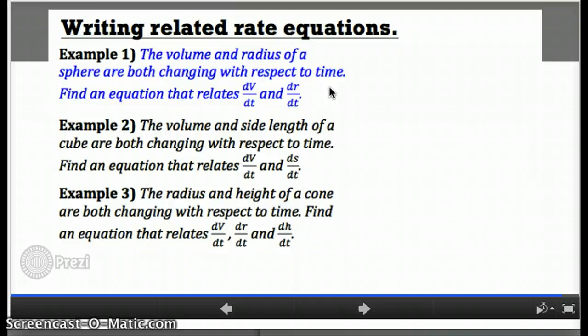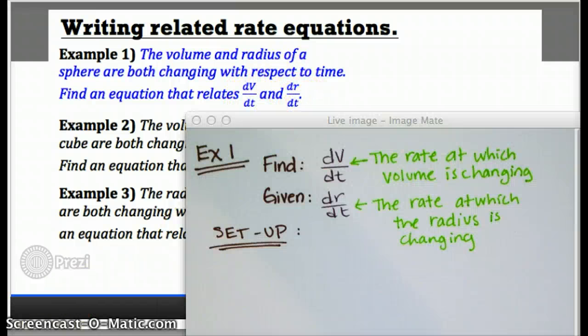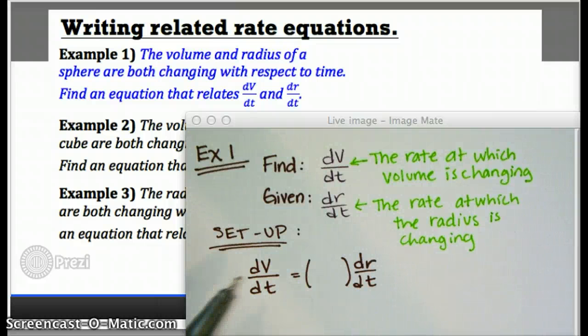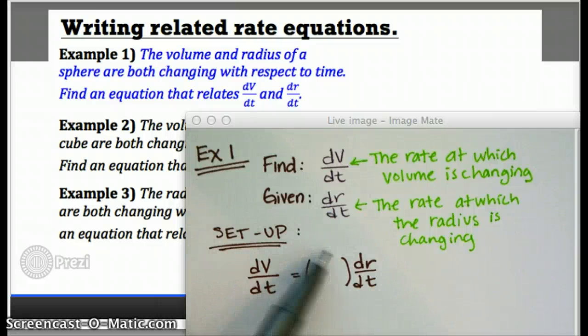The volume and radius of a sphere are both changing with respect to time. What we need to do is find an equation that relates dV/dt and dr/dt. Remind me again, what does dV/dt mean and what does dr/dt mean? Right, they're the rate of change of the volume and the rate of change of the radius. So our goal is to set up an equation where dV/dt is equal to something times dr/dt.